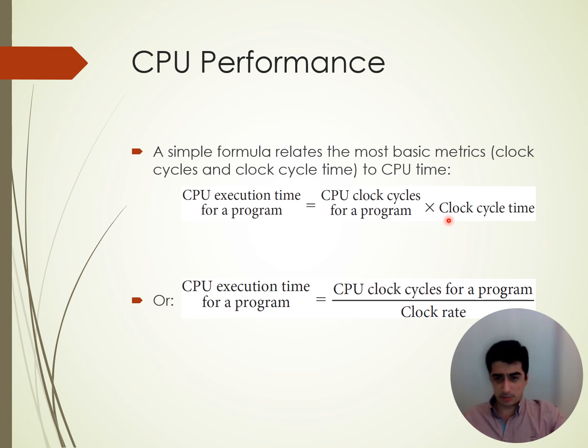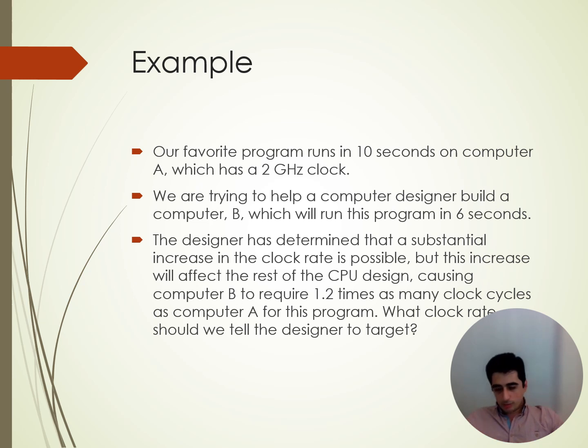Clock cycle time of a CPU is always constant, and that's going to be 1 over clock rate. If you replace the cycle time by 1 over clock rate, then you get the next formula, which basically says the execution time is equal to the number of cycles that the CPU needs to run a program divided by clock rate.